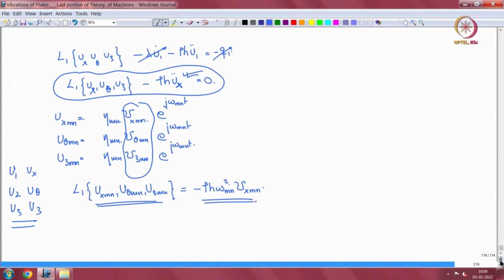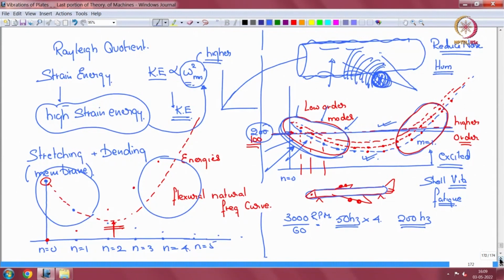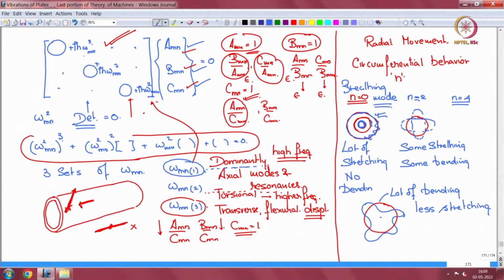Okay, that is what we did earlier also. Yeah, that is what we did here. Okay. So this into this plus this into this plus this into this is equal to 0 when we did. Okay. So that is exactly what is happening over here.